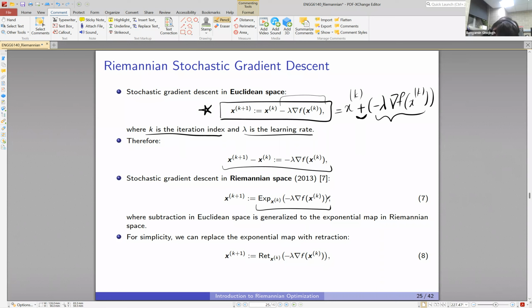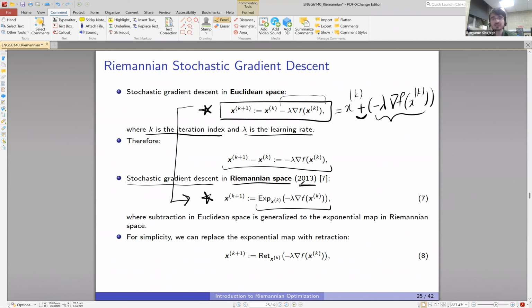So this simply means xk plus, you can imagine it as plus, minus lambda gradient of f of xk. And this is the left-hand side, the same. So this can be generalized to be like this in the Riemannian space. It gives us the update in each iteration of gradient descent or stochastic gradient descent in Riemannian space.